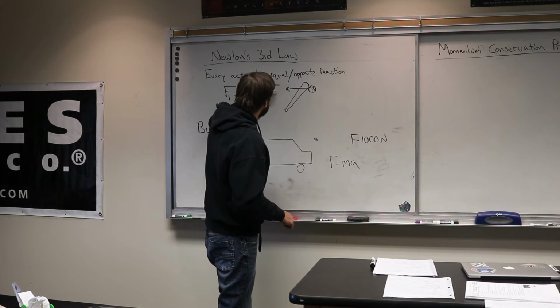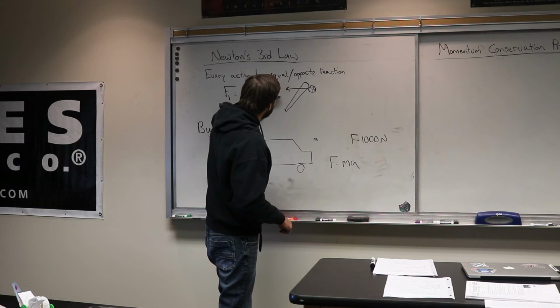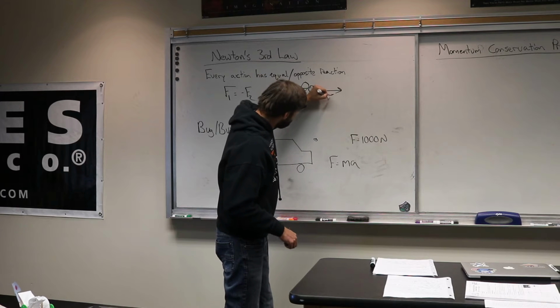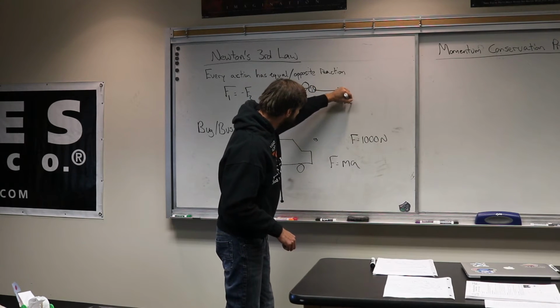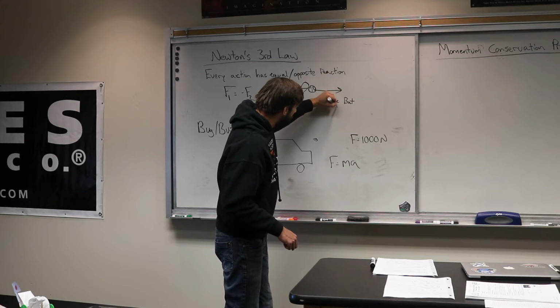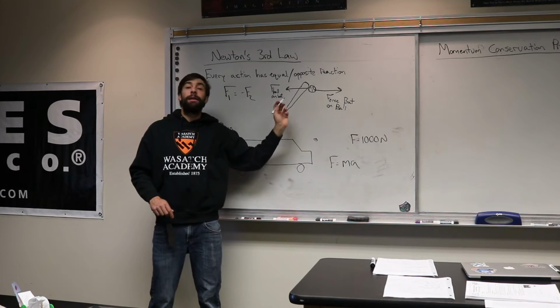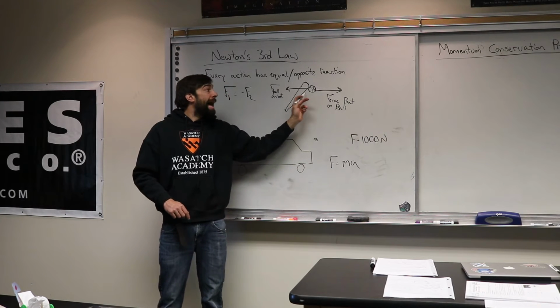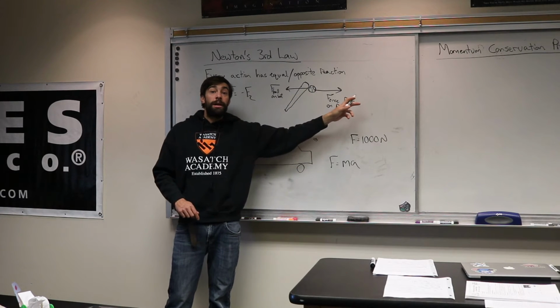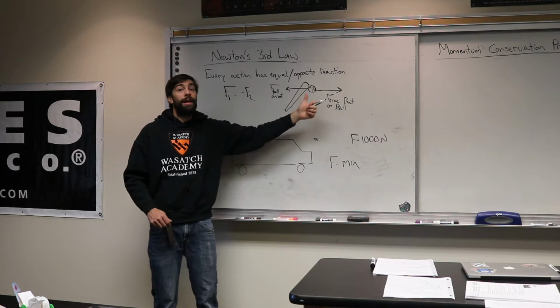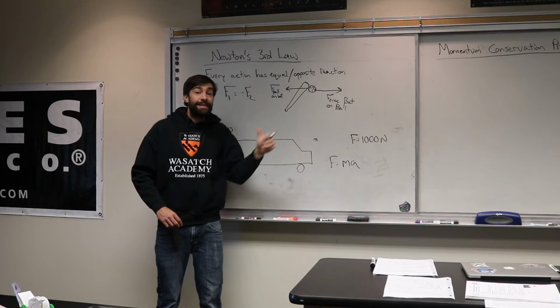This is the force of the ball on the bat, and this would be the force of the bat on the ball. Right? The bat applies a force to the ball in that direction, and the ball applies a force on the bat in this direction.